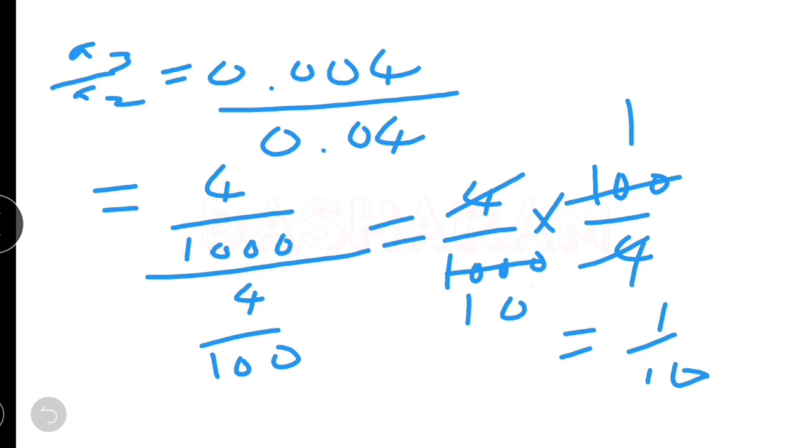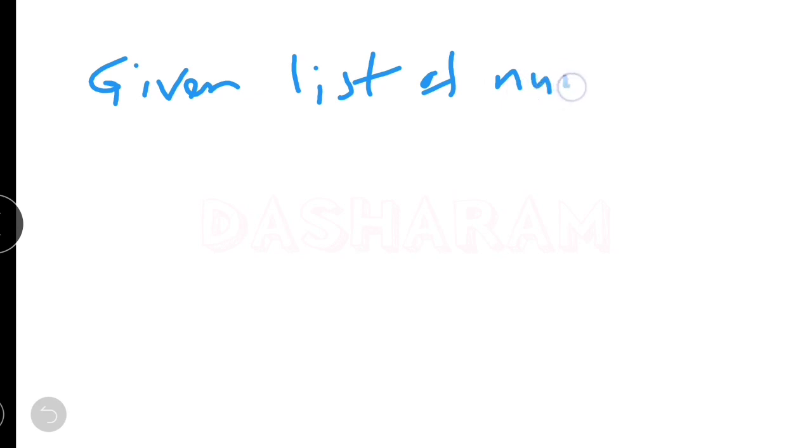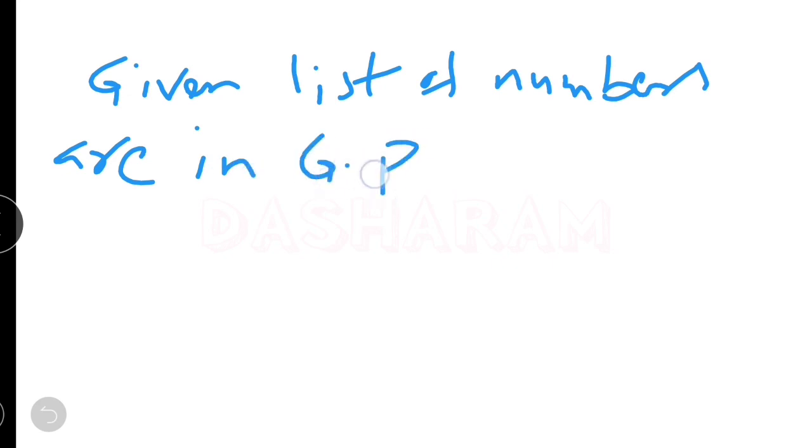So we got the same ratio in two situations. So the given list of numbers are in geometric progression.